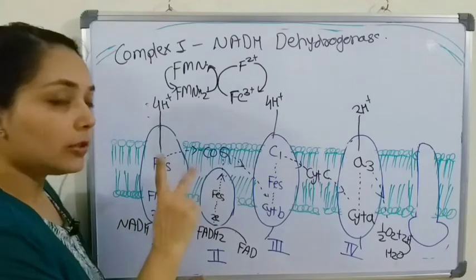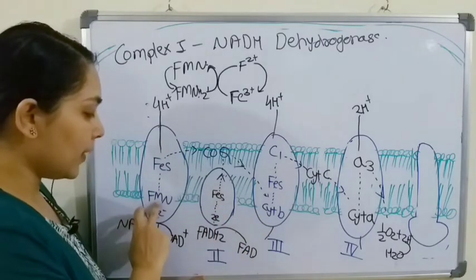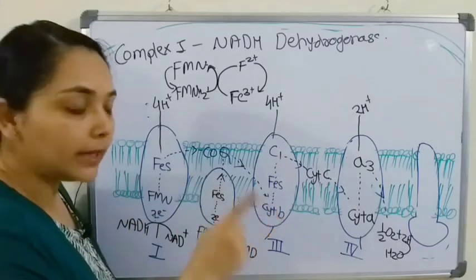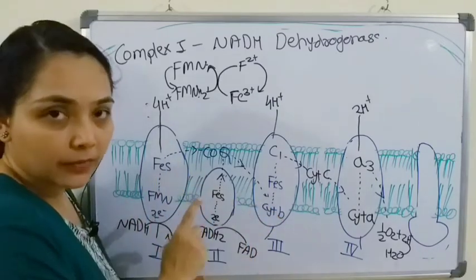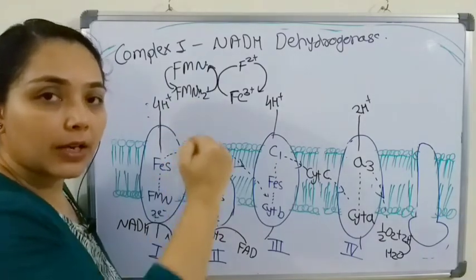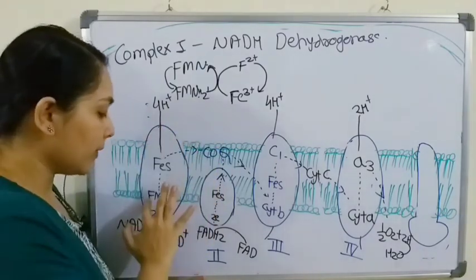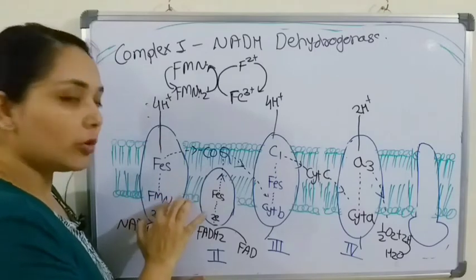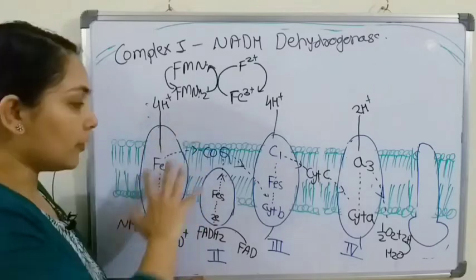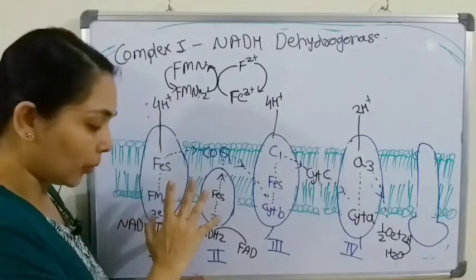Complex 1 has 2 prosthetic groups, FMN and FeS. FMN is flavin mononucleotide and FeS is the iron sulfur clusters. There are 7 iron sulfur clusters arranged in complex 1. FMN, flavin mononucleotide, is a coenzyme, therefore this complex is also known as a flavoprotein.